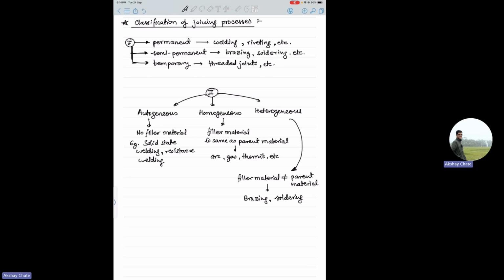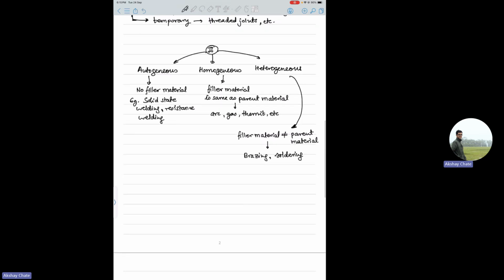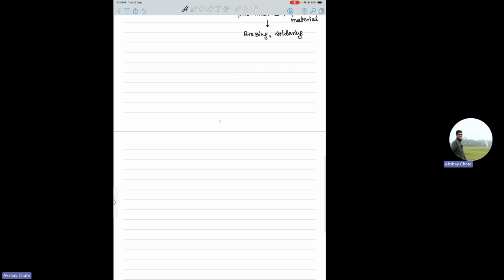Then there is a detailed one. That was discussed in the class also, which depends on the bond type. So you have mechanical bonding, atomic bonding, and then there were some sub-classifications, etc. Maybe we could see that also.